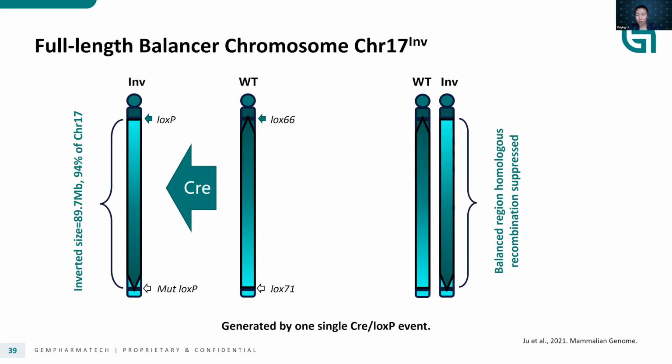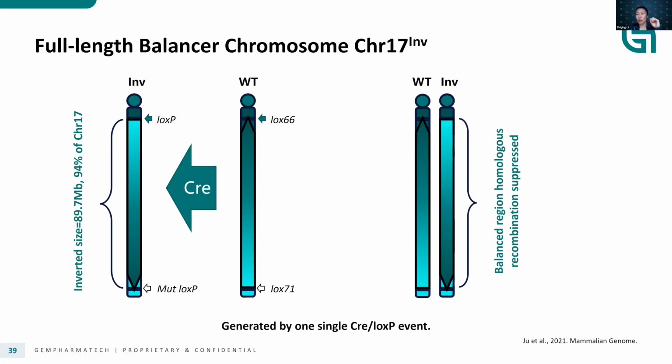It has a directionality, as all DNA and chromosomes do. A balancer chromosome is exactly the same genomic sequence, however in the reverse direction. So it's an inverted version of the wild type chromosome.